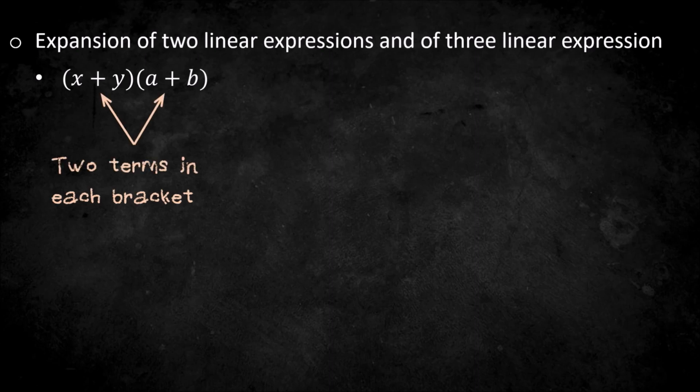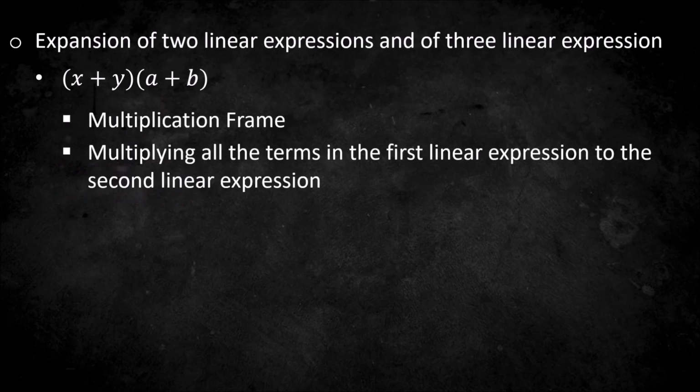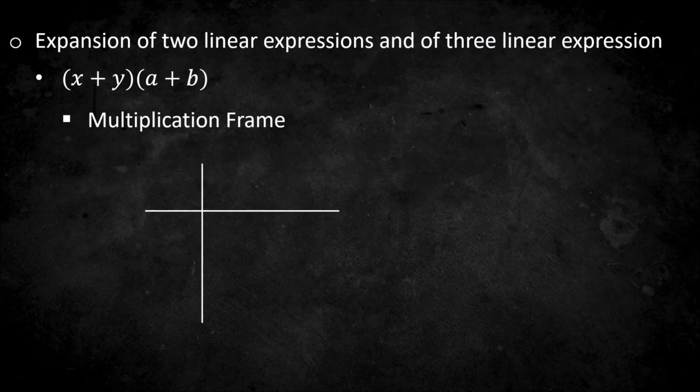For the expansion of two linear expressions, we can use a multiplication frame or multiply all the terms in the first linear expression with the second linear expression. Starting with the multiplication frame, draw the frame as shown, and write the multiplication sign on the top left. Fill up the first column with the first linear expression. Then fill up the first row with the second linear expression.